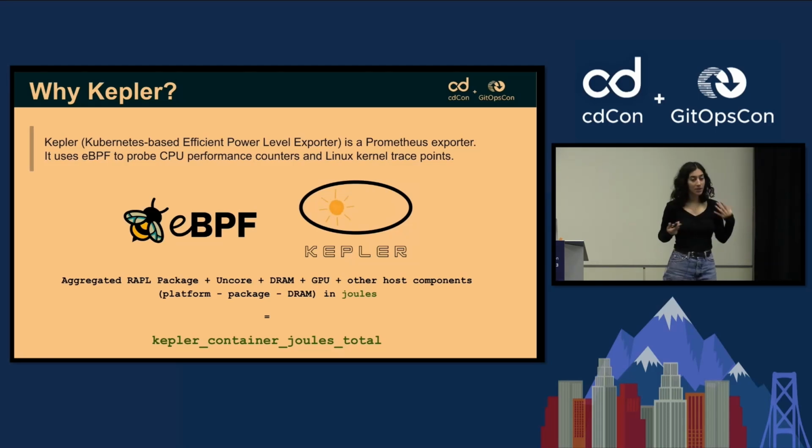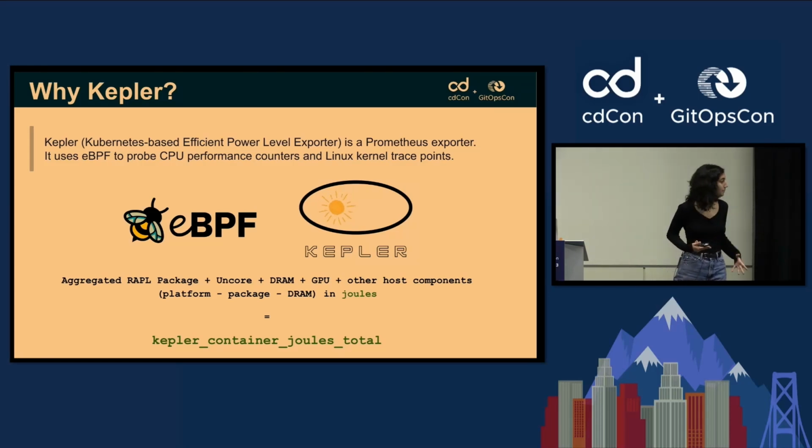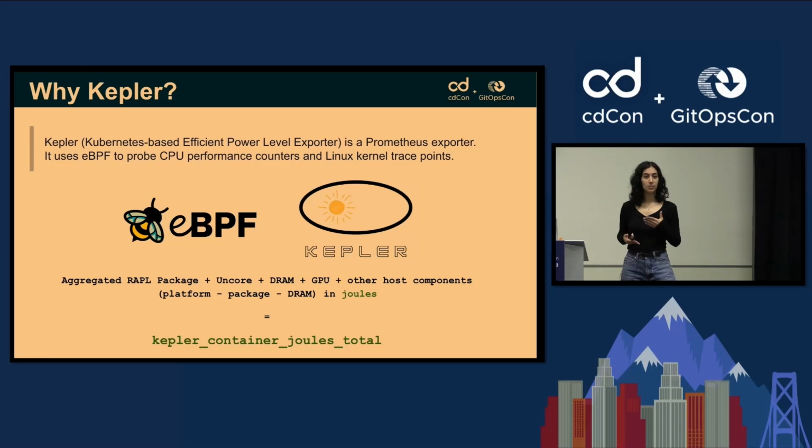It's a Prometheus exporter that looks at your kernel syscalls, that's the eBPF part, and it uses RAPL for energy data aggregation, and other components in the kernel, to provide energy consumption in joules.